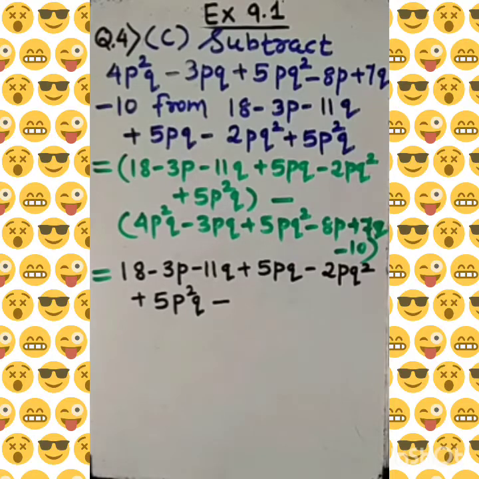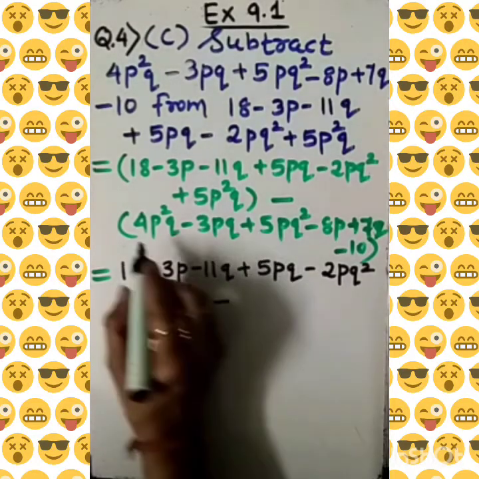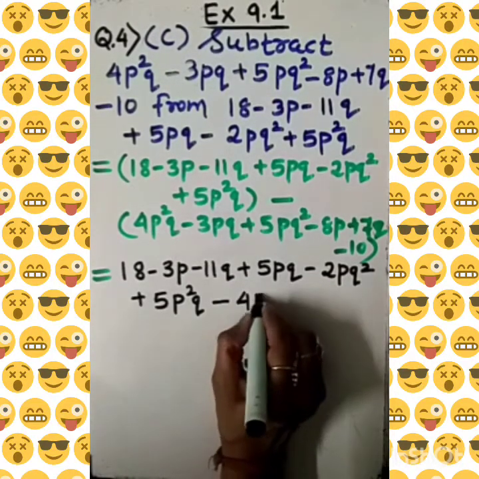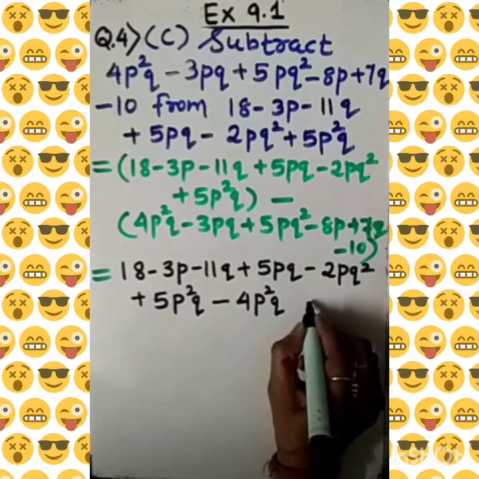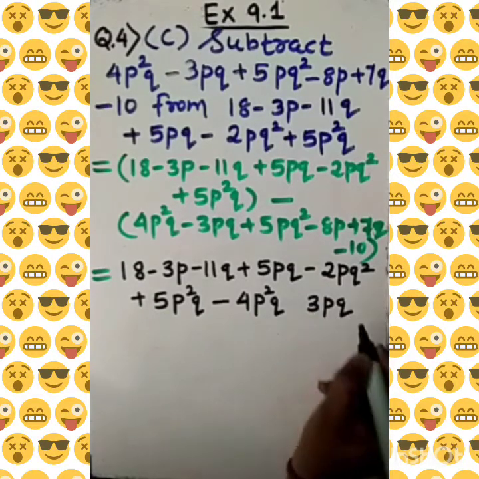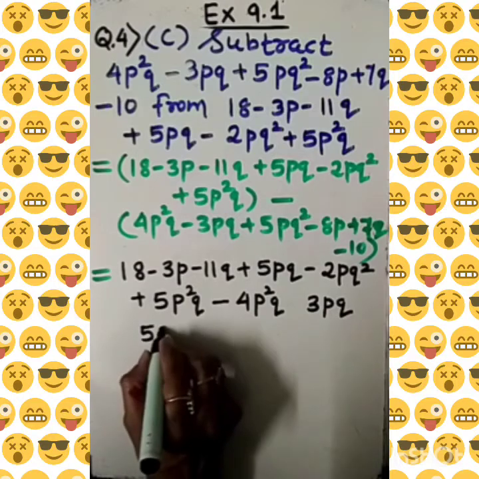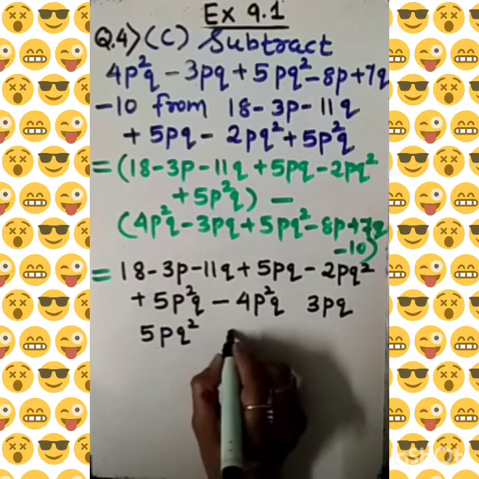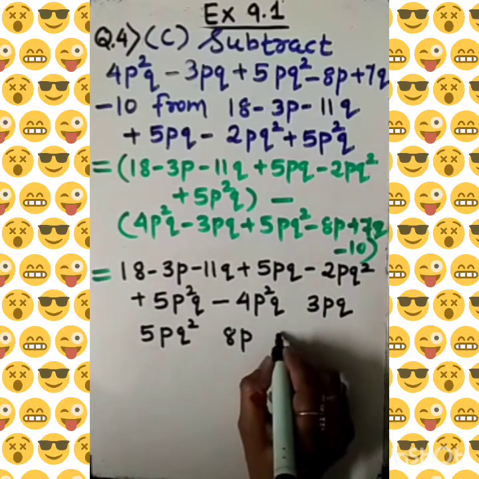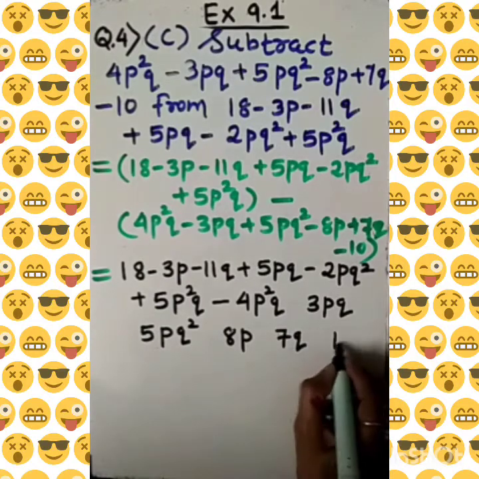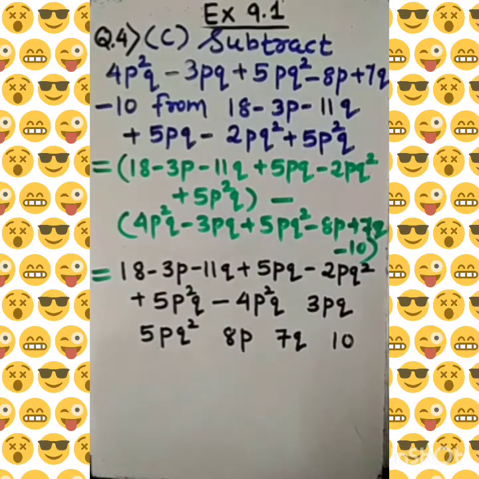Now let's change the sign. So here what do we have? 4p square q, 3pq, then 5pq square, then 8p, then 7q, and this 10. We have opened the bracket.